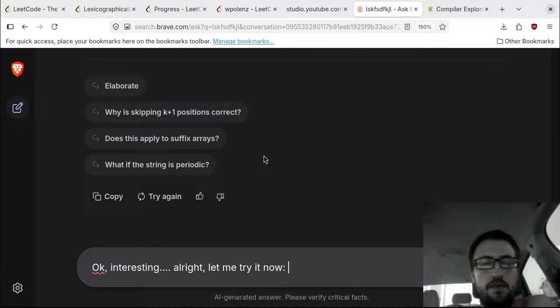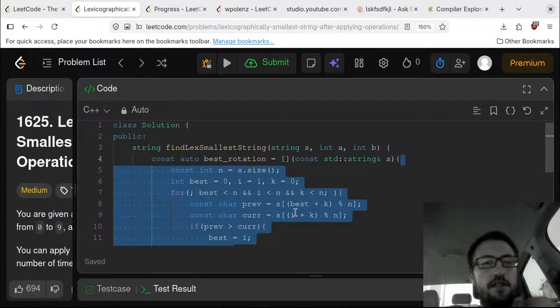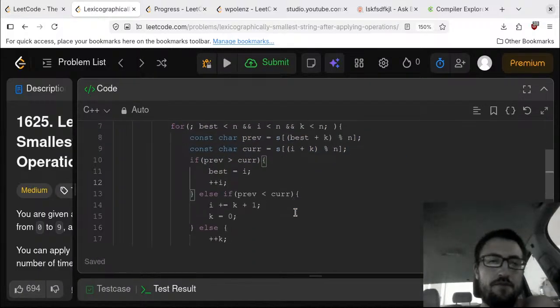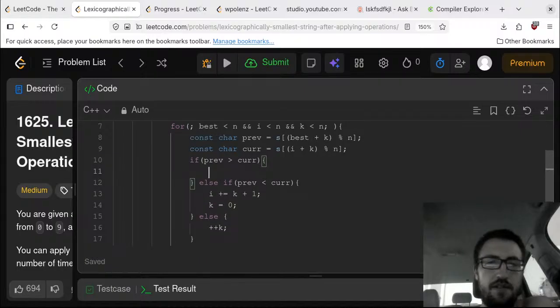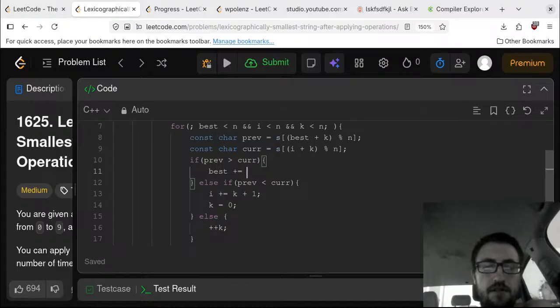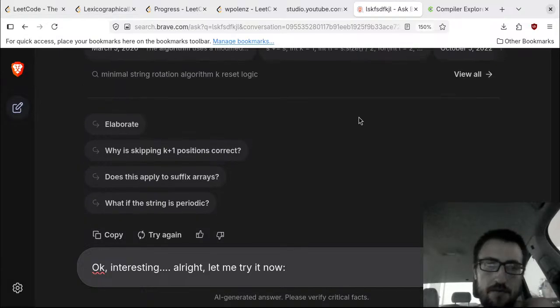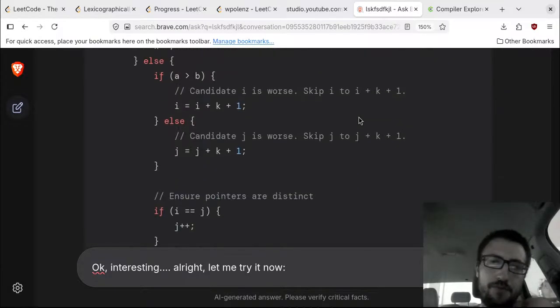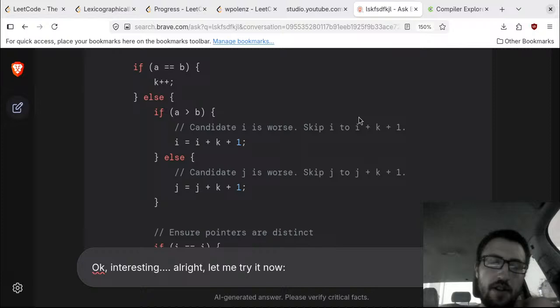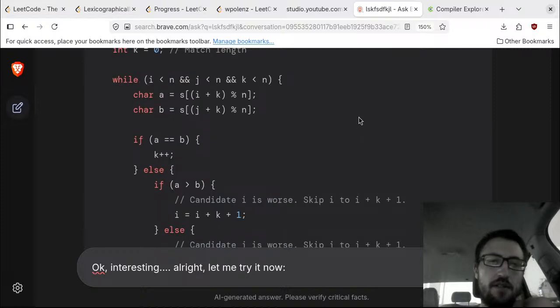All right, this is what I'm going to change it to. Okay, I think I understand. So both cases are going to update. So best increments forward, K plus 1, basically. A is greater than B. Candidate I is worse.